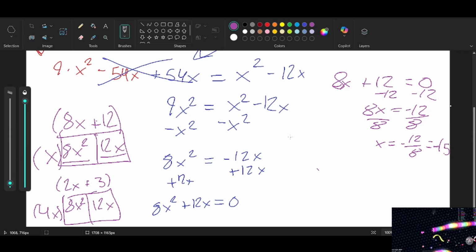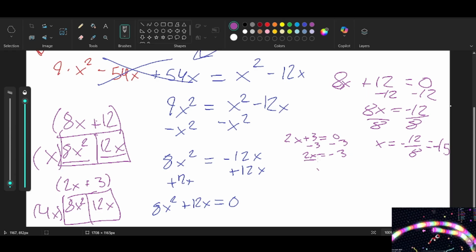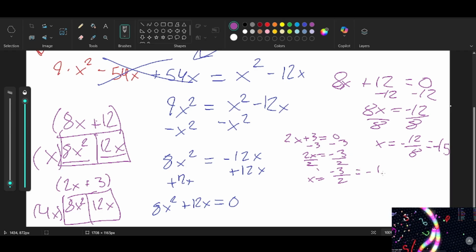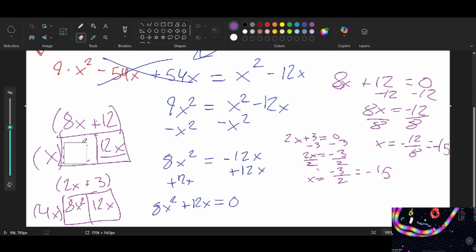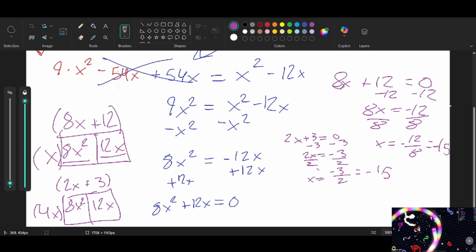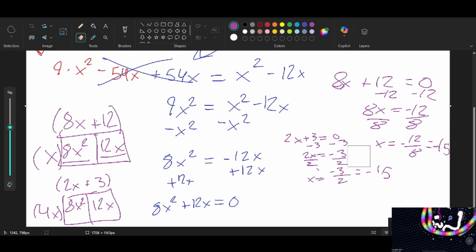But then if I do 2x plus 3 equals 0, subtract 3 on both sides, get 2x equals negative 3, divide by 2, I get x equals negative 3 over 2, which is also negative 1.5. So no matter how you factor this, as long as you realize that there's an x in both of them, you will get the same answer.